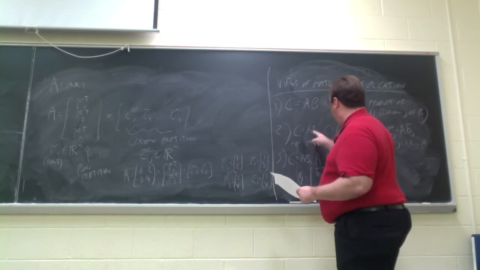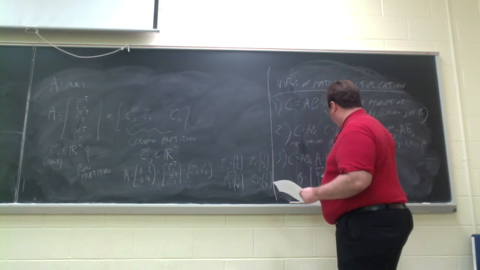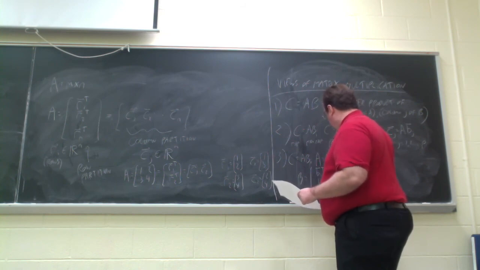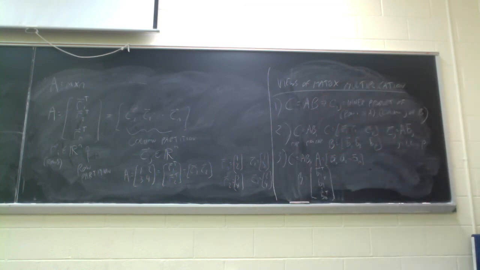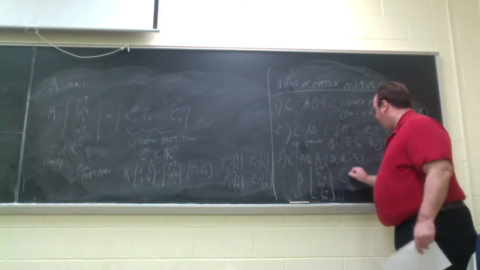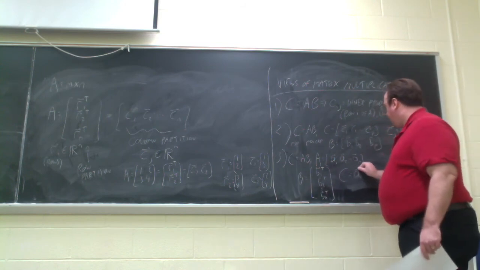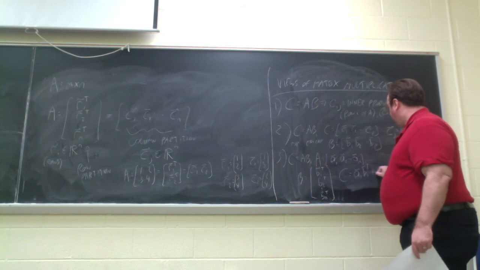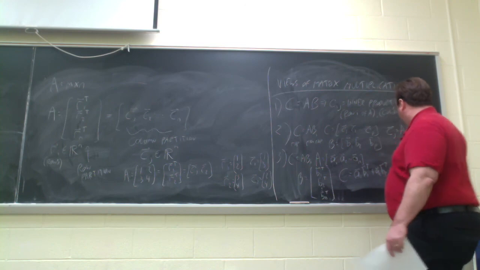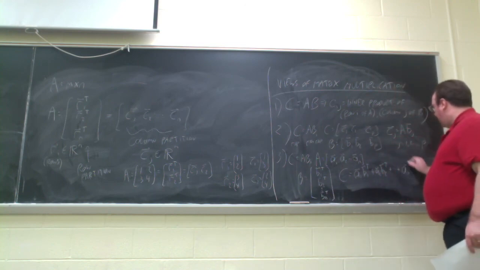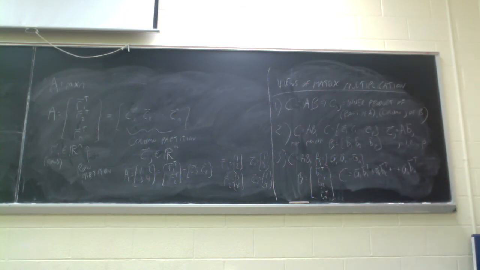B has to have n rows, so B1 transpose, B2 transpose, all the way down to Bn transpose. Then I can express C in terms of outer products. C turns out to be A1 B1 transpose plus A2 B2 transpose, all the way to An Bn transpose. So we can express C as a sum of outer products.